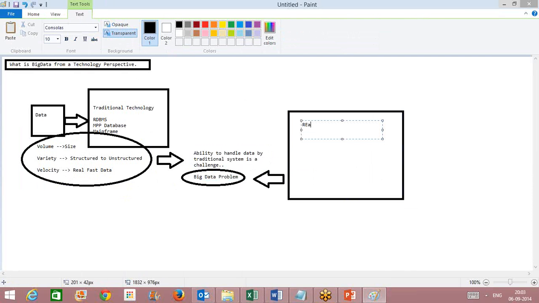So there are some real-time technologies, real-time stream processing technologies or event processing technologies. Then you have large-scale batch processing technology, and this is where Hadoop comes into play.